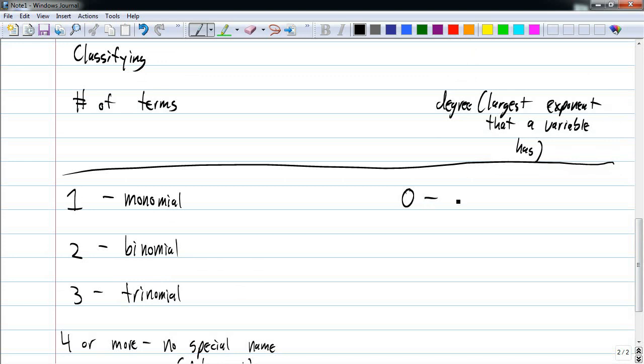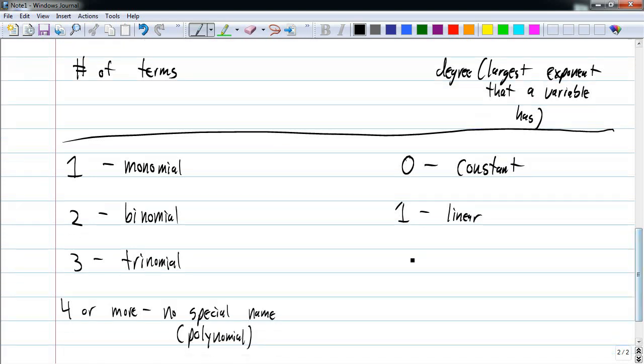Meaning that what we have left is a constant because there is no variable. Okay? If the largest exponent is 1, it's a linear polynomial because if you graph it, it looks like a line. If it's 2, we call it a quadratic polynomial. That confuses people. 2 is quadratic. That's just how it is.